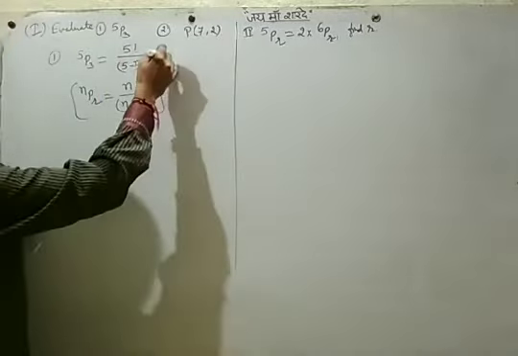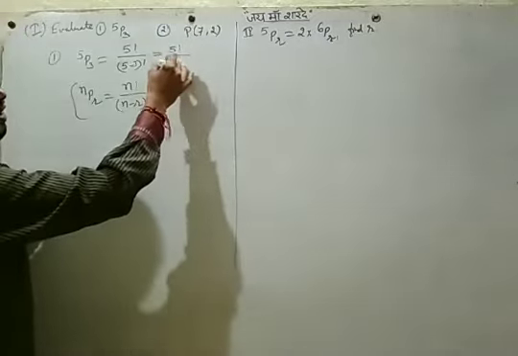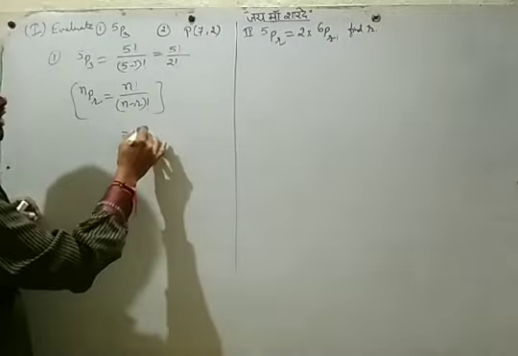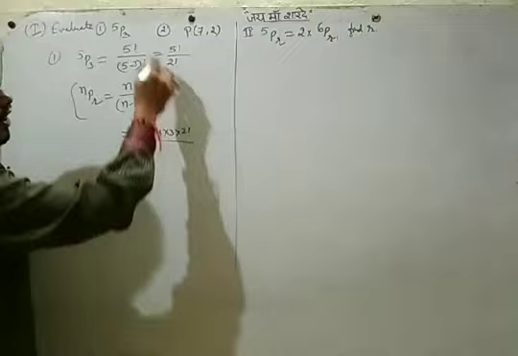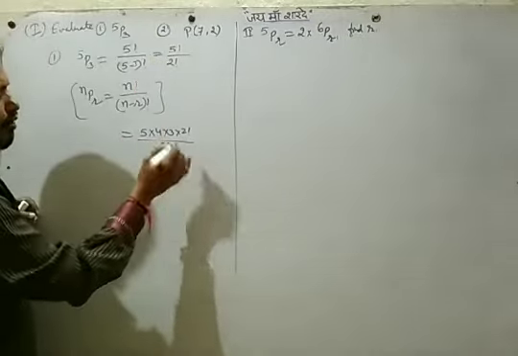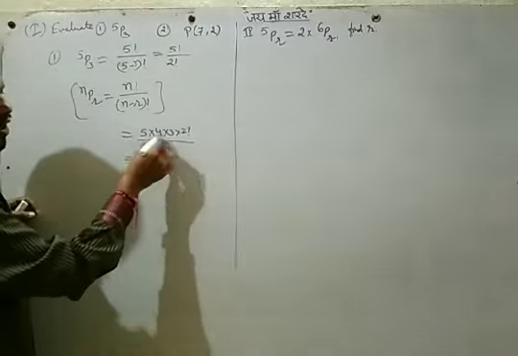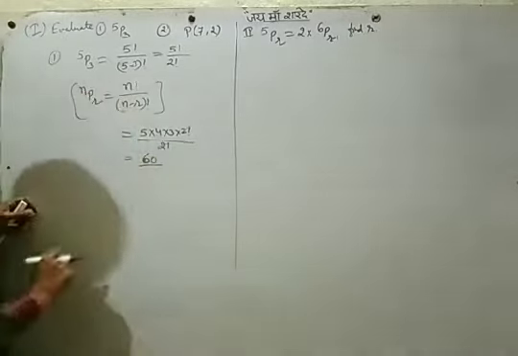So it will be 5 factorial upon 2 factorial. Now 5 factorial we can write as 5 into 4 into 3 into 2 factorial, and 2 factorial cancels out. Then 5 into 4 into 3, 20 into 3, 60. So 60 is the value of 5P3.